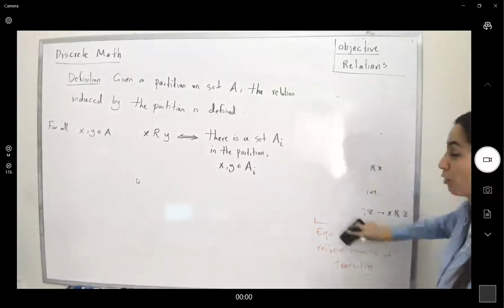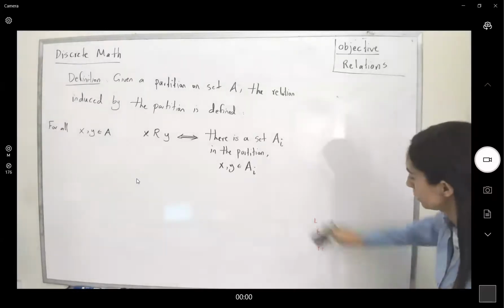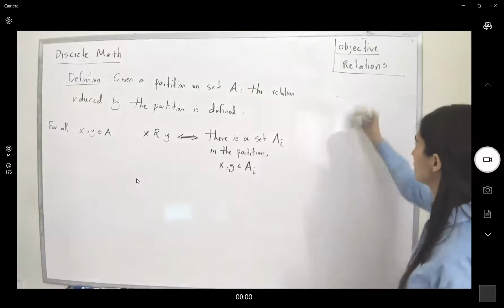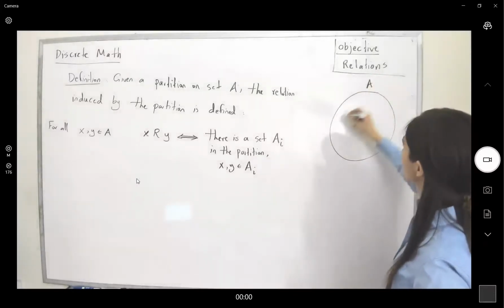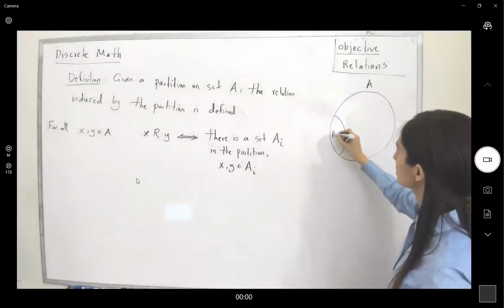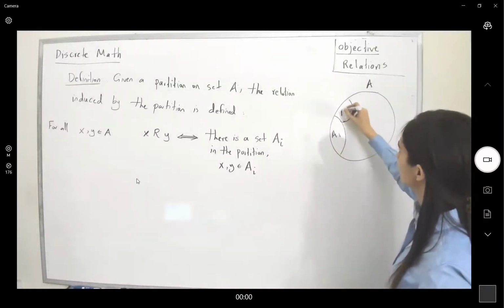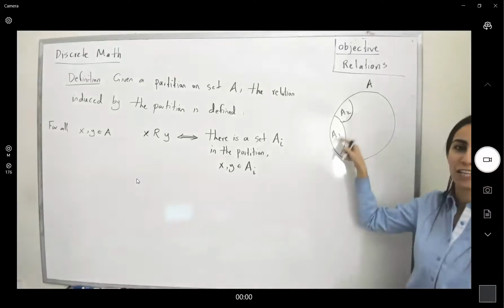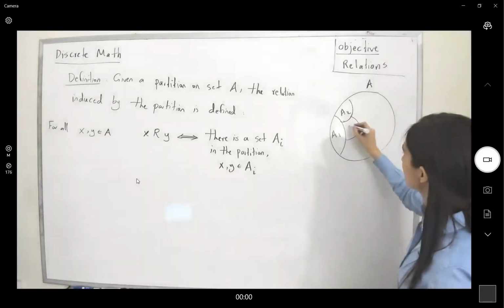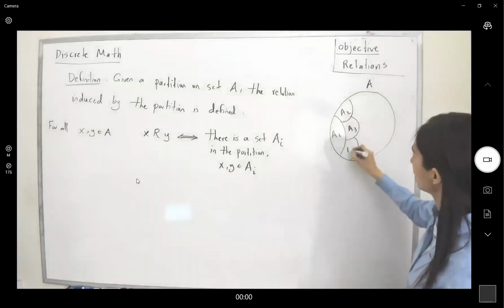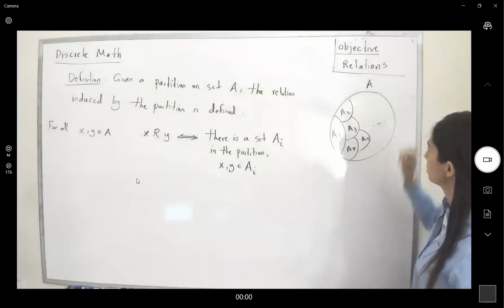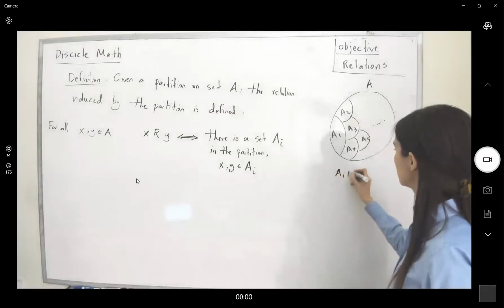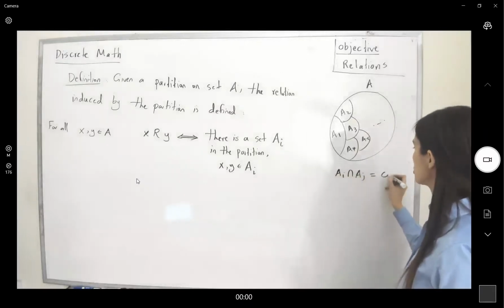How did we define a partition? We said that, suppose we have a set like A, then there are subsets A1, A2, these are non-empty subsets, A3, A4, A5, and so on, such that they are disjoint from each other.